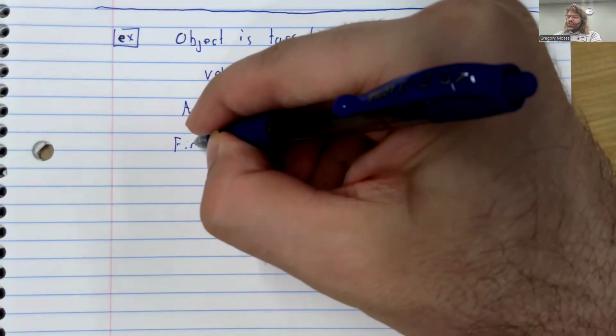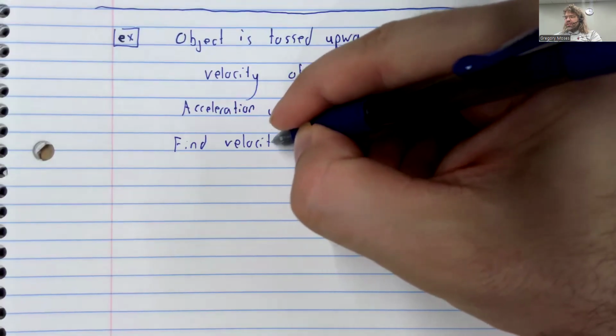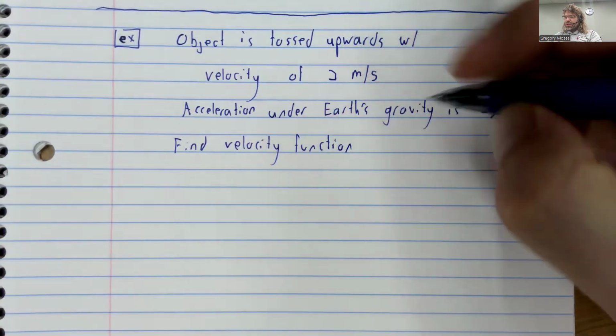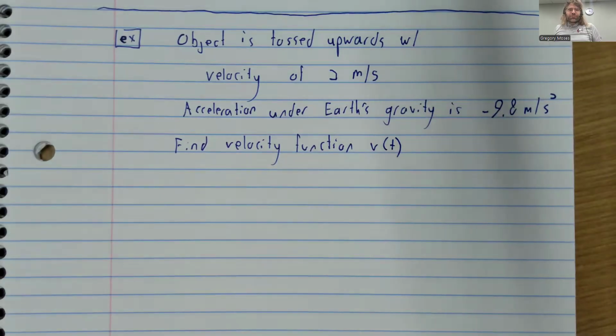Let's find the velocity function v of t. I know that this isn't really the kind of application most of you have in mind, since this is called applied calculus, but it's a nice example just because it's sort of using everyday functions that are easy to understand.